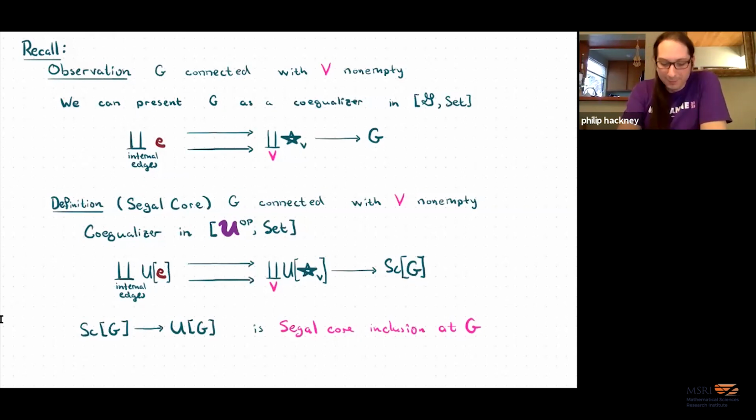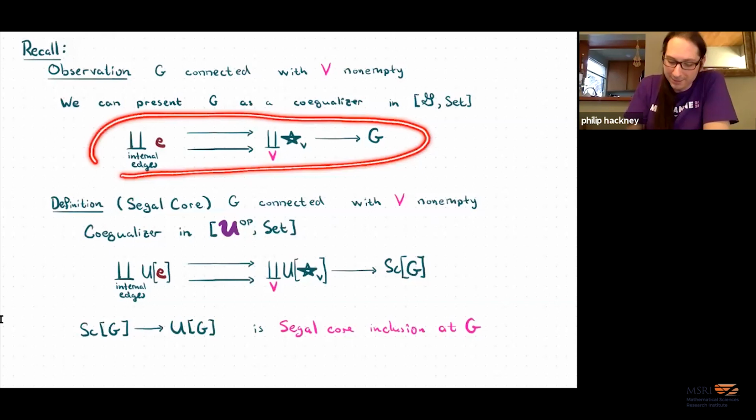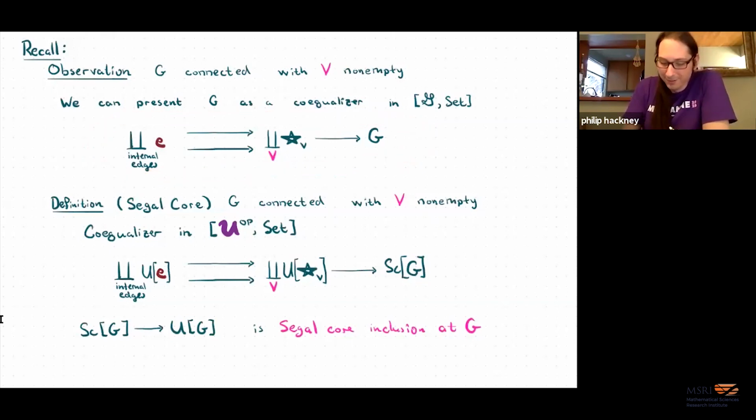Wherever I saw an E, I replace it with a representable at E, and whenever I saw one of these stars, I replace it with the representable at the star. Now the coequalizer isn't G anymore, but it's this so-called Segal core at G. I'm taking the coequalizer in a different category. I should emphasize that this is not a coequalizer in U. It's only a coequalizer in presheaves. These objects don't even exist in U because they're not connected.